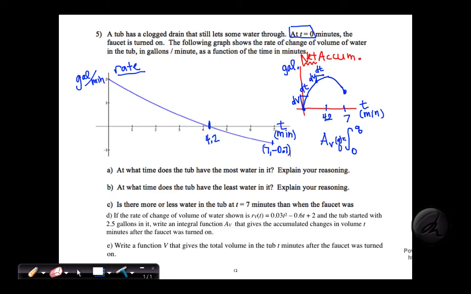And then all I need to do for my inner part here is express the m dx, the rate times a differential, using something other than the letter q, because whatever symbol I use needs to vary between 0 and q. So I could write it just like this: 0.03t squared minus 0.6t plus 2, and then dt.